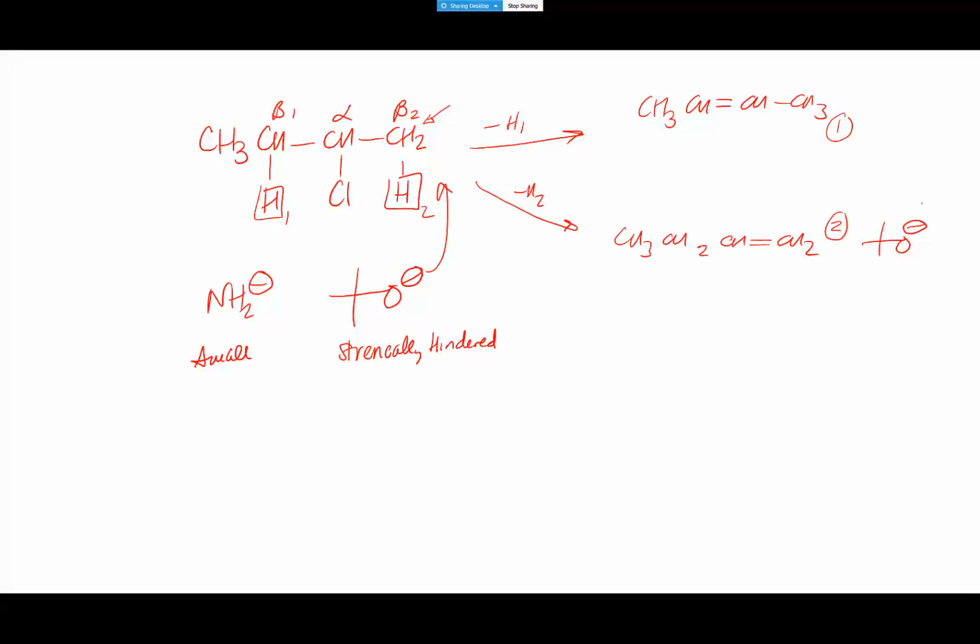If you want to remove the hydrogen that's least sterically hindered, use the sterically hindered base. If you want to form the product that's most stable and most substituted, that's going to come from the hydrogen that is more sterically hindered. Then you use the small base and let the product stability drive the reaction.